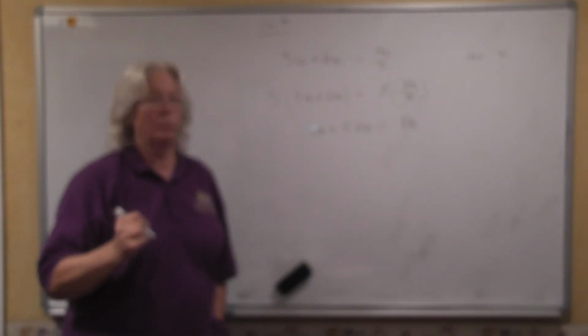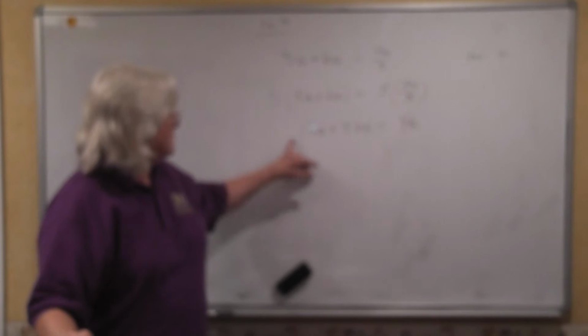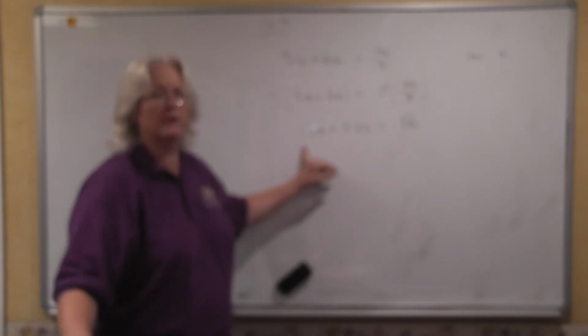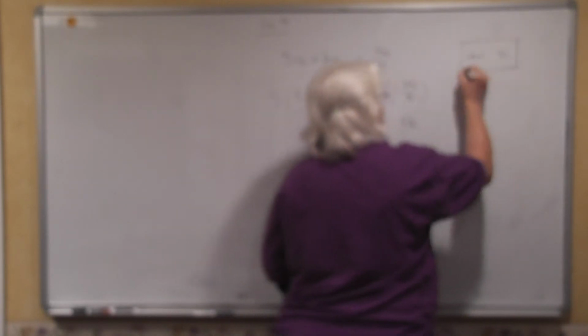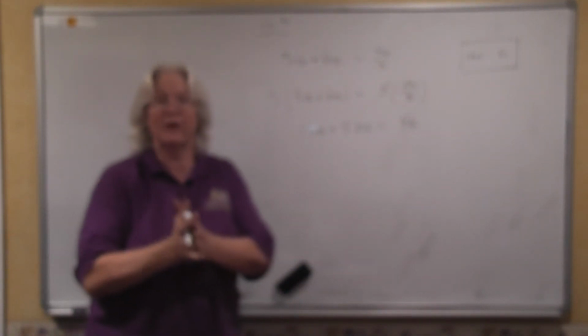Now, what are we going to do? Am I going to cancel out a common factor of 5 here? No. Keep in mind what it is that you're trying to solve for. We're trying to solve for x.